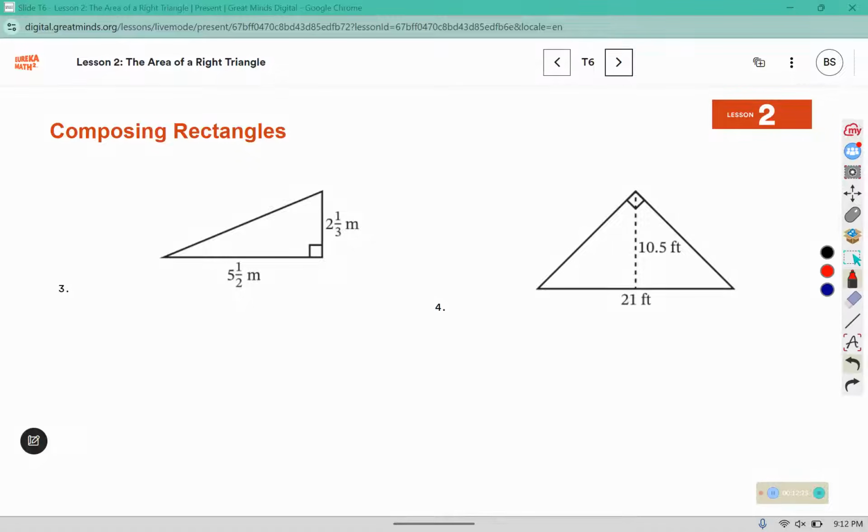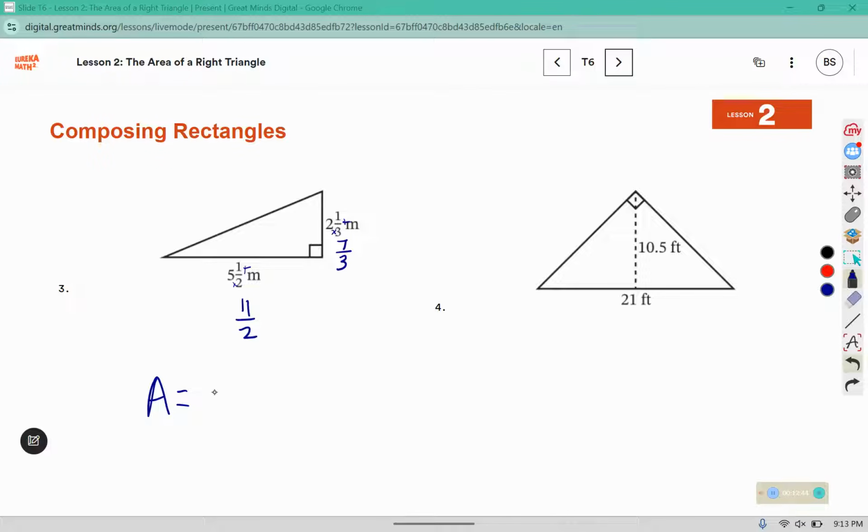For these, let's change them into improper fractions. 5 times 2 is 10, plus 1 is 11. 2 times 3 is 6, plus 1 is 7.